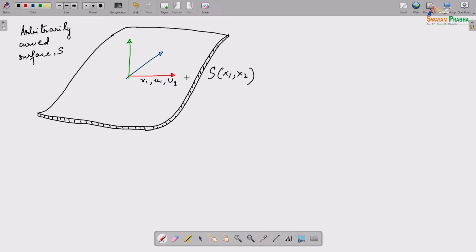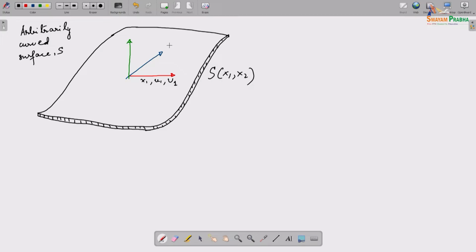What is small u? Small u is basically velocity within the boundary layer. Capital U1 is the free stream velocity component in this direction, which we are calling x1. This one is x2, u2, and this one is actually x3 and u3.